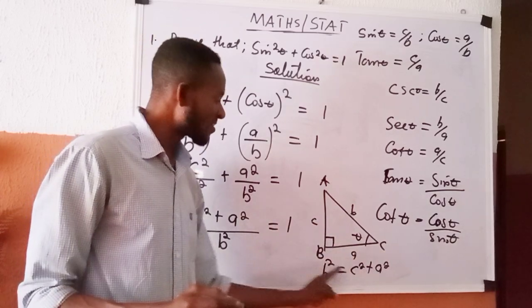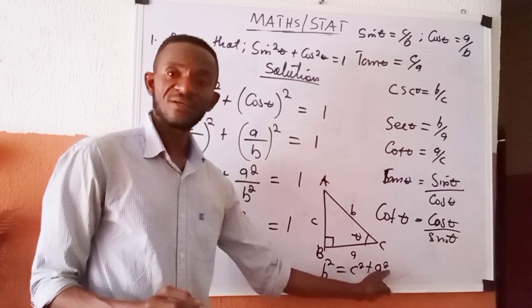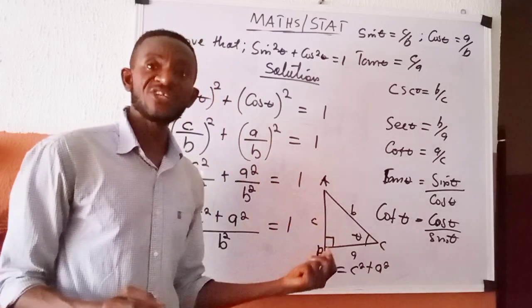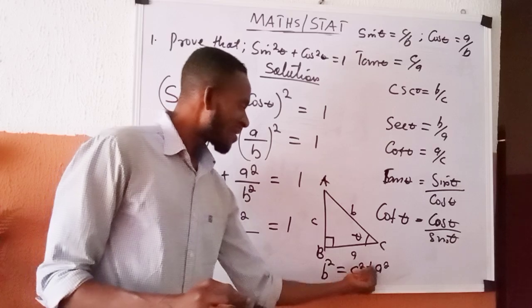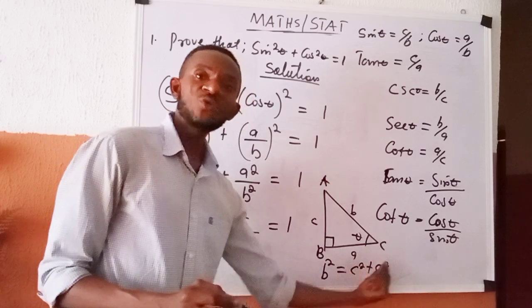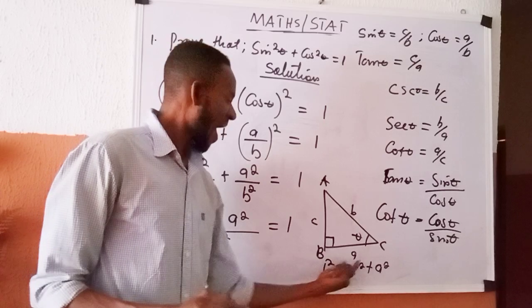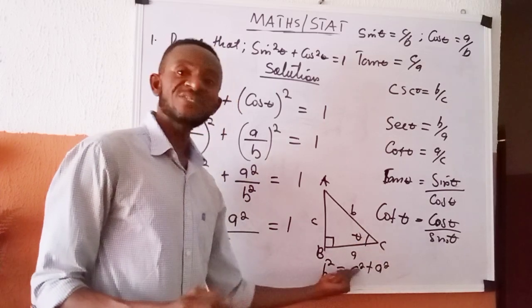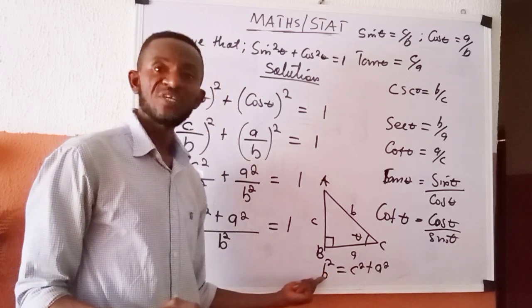So B squared is the same thing as C squared plus A squared, according to Pythagoras. So by implication, B squared and C squared plus A squared can be used interchangeably. Anywhere I see B squared, I am free to use C squared plus A squared, and anywhere I see C squared plus A squared, I am free to use B squared.